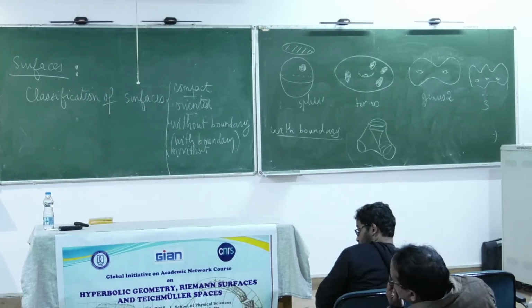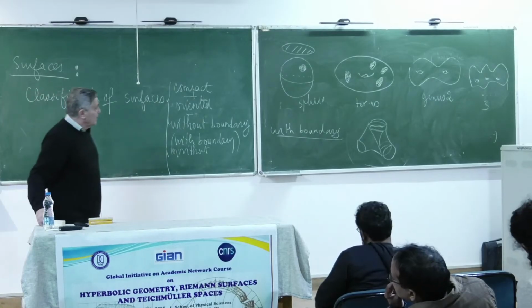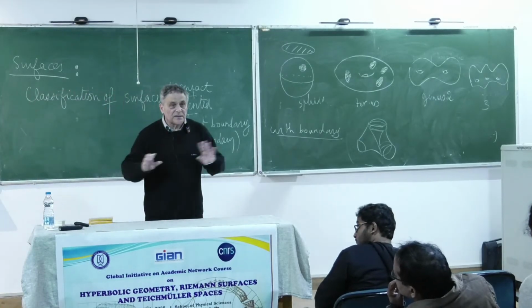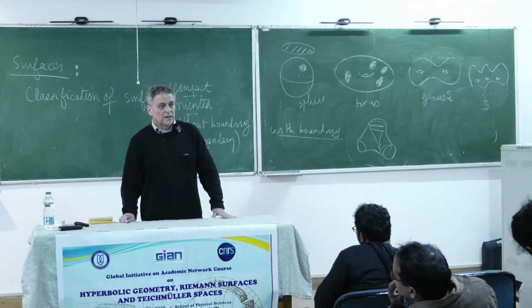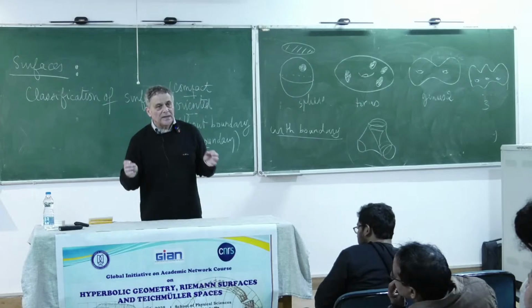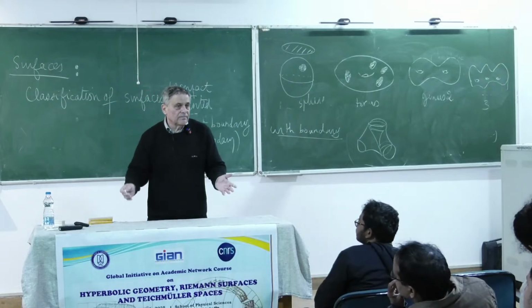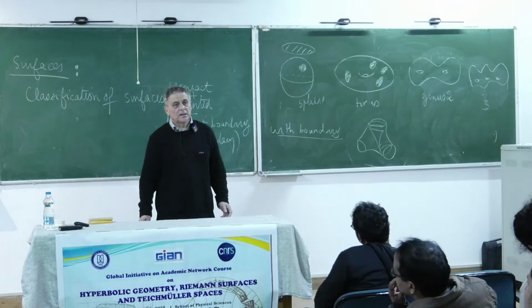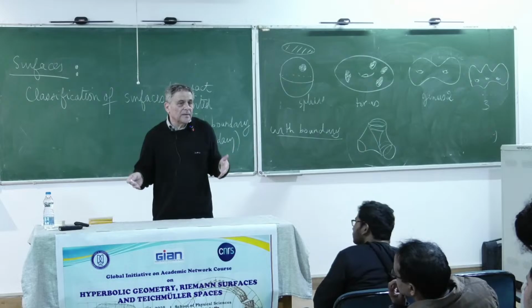Anyway, I want to say a few words. So this is the topology of surfaces. Now I want to say a few words about the geometry of surfaces. So I will put a metric on each of these surfaces, and I will choose the metric to be the easiest one I know.